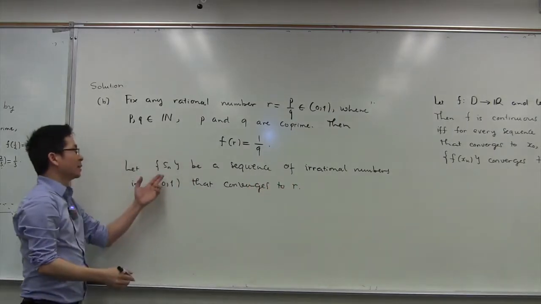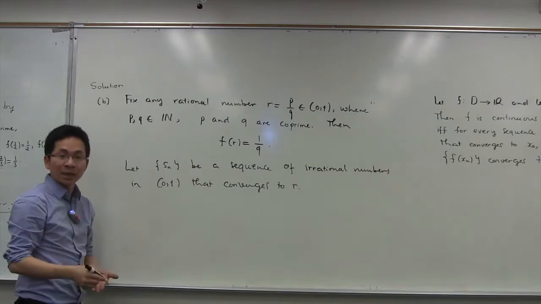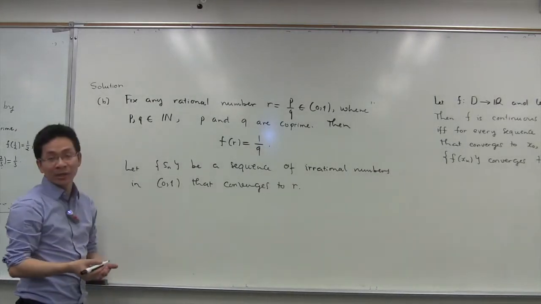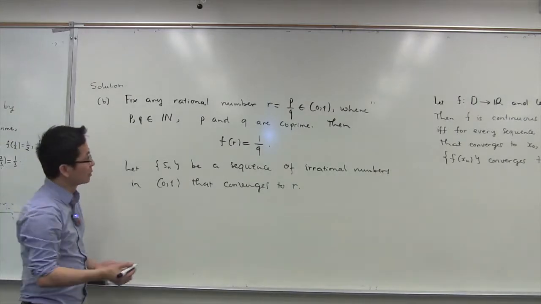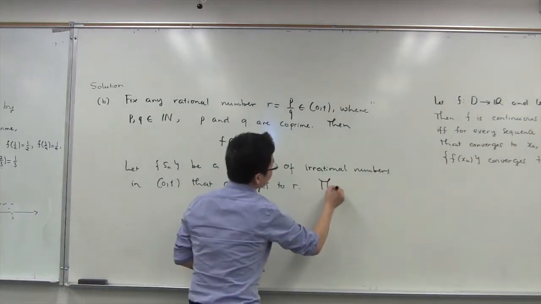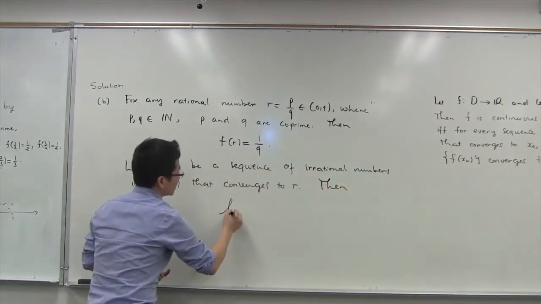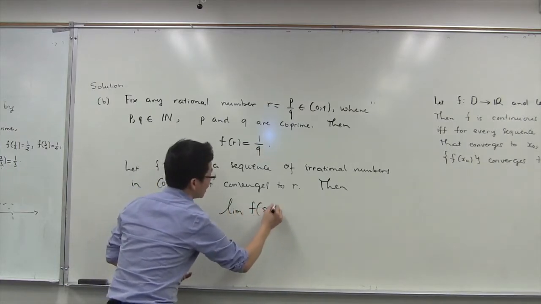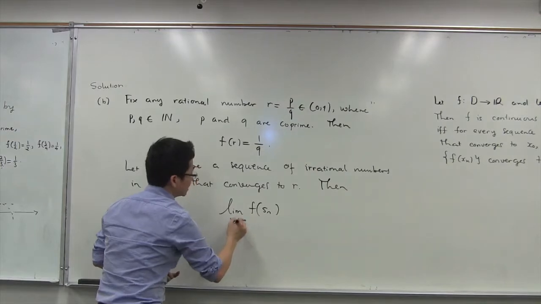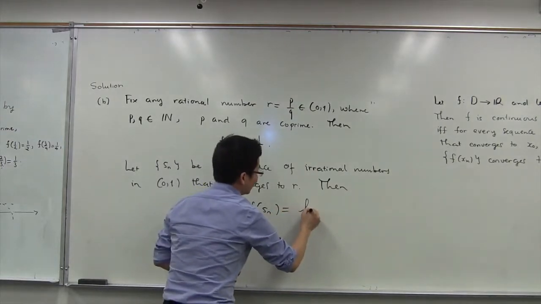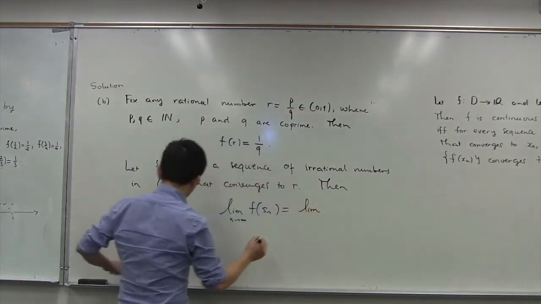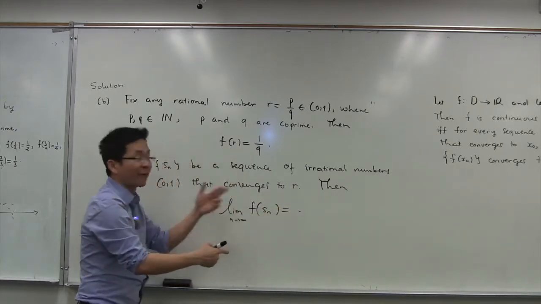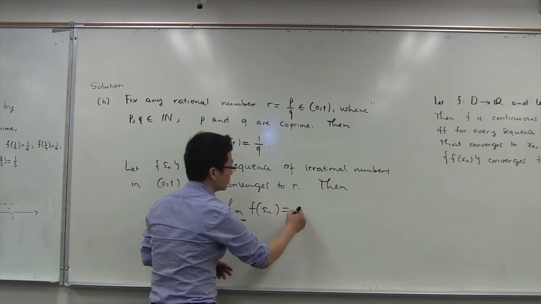Again, this sequence does exist by the density of the set of all irrational numbers in the interval (0, 1). Then we're going to see the following. The limit of f of s_n as n goes to infinity is equal to 0, because f of s_n is equal to 0 for every n. So this limit is equal to 0.